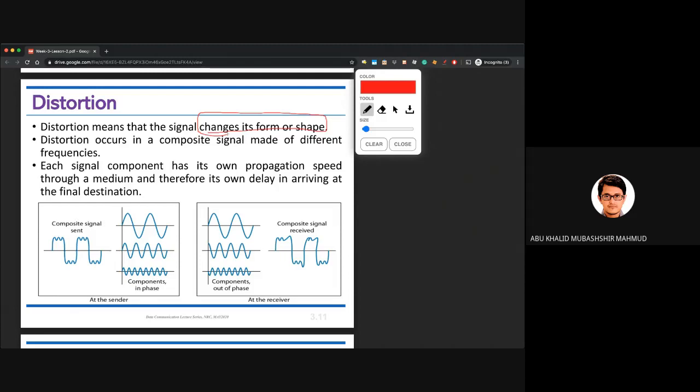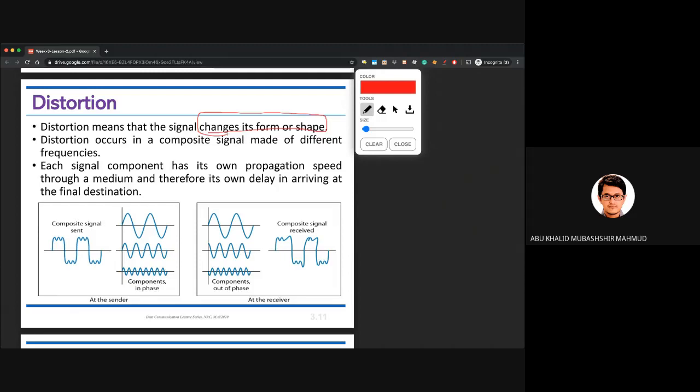What we were sending, the signal changes its form entirely. Distortion occurs in a composite signal, specifically one made of different frequencies. It is commonly seen in composite signals which differ in frequencies.